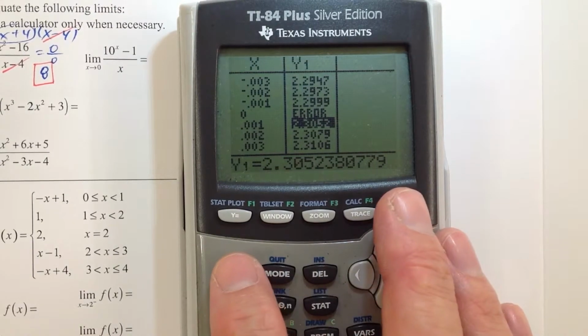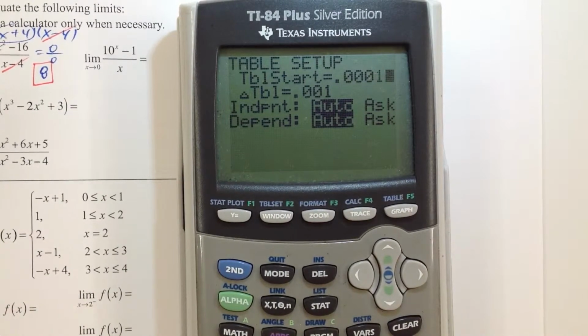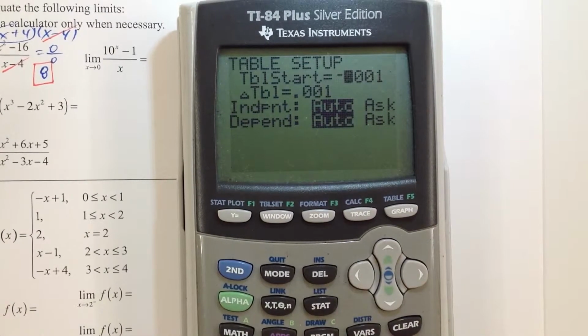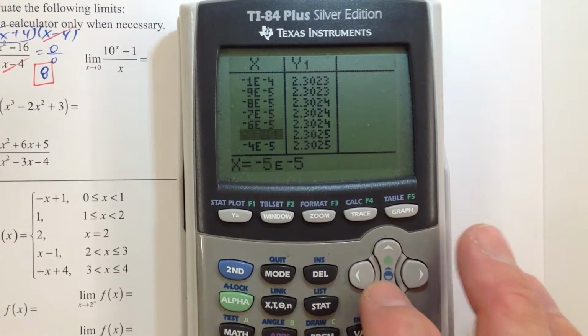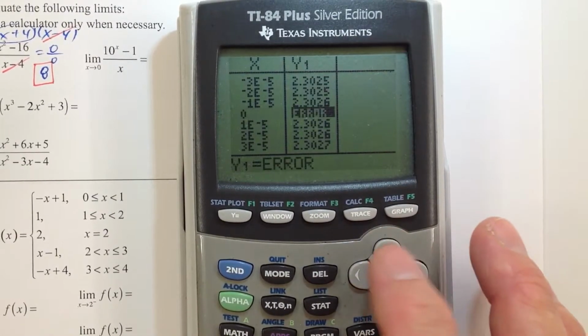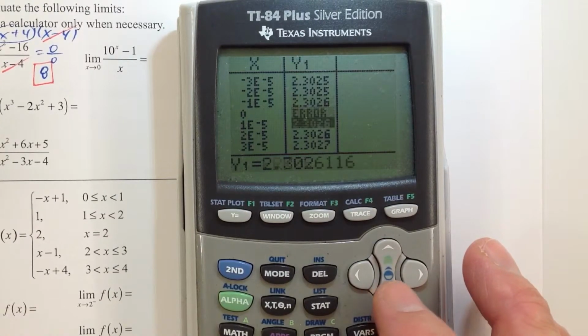Now if we dug a little deeper and we set our table at negative 0.0001, sorry, I meant to put negative there, and we increased by 0.00001, so you're not ever going to have to go this far, but we can see that as x approaches 0 from the right, we actually get a little bit closer to the y value of 2.303.